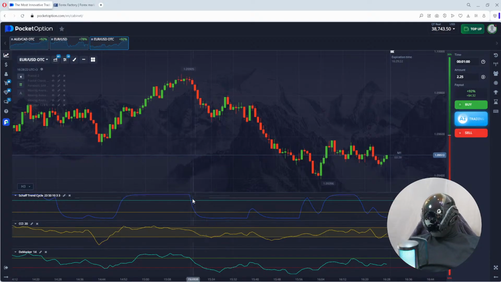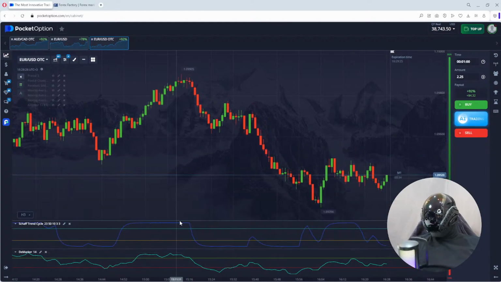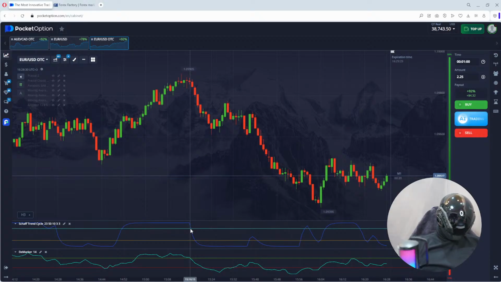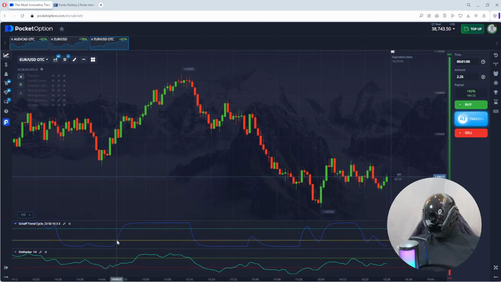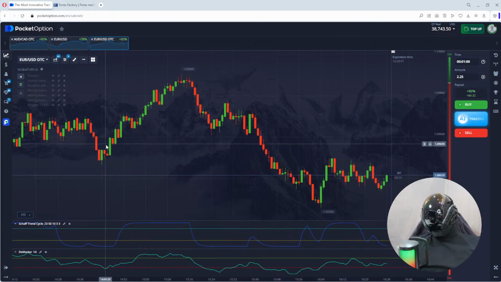Now, DeMarker and Schaff do the same thing. They tell you when the trend is reversing. It's a leading indicator, and here it's a buy signal, because the line touches from the outside. It touches this, which means the negative movement up to here was over, but now it started to go upwards.